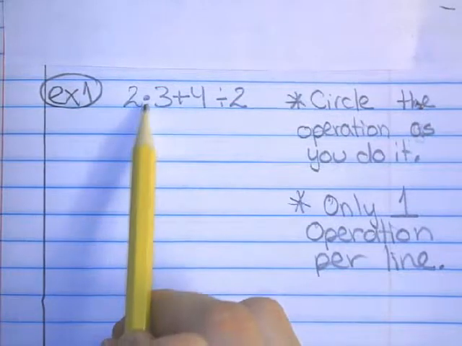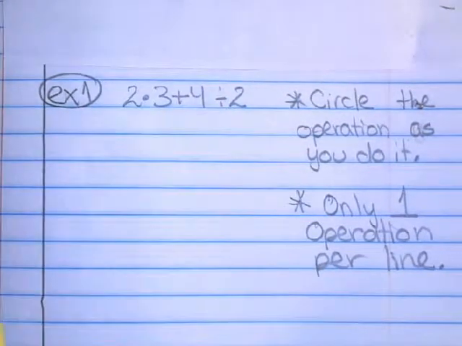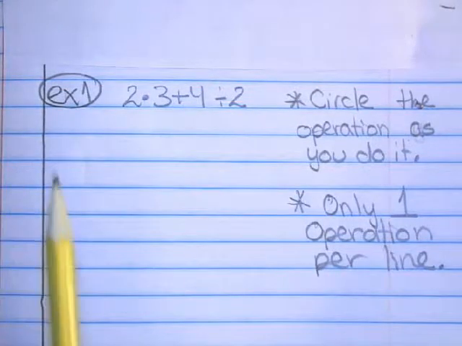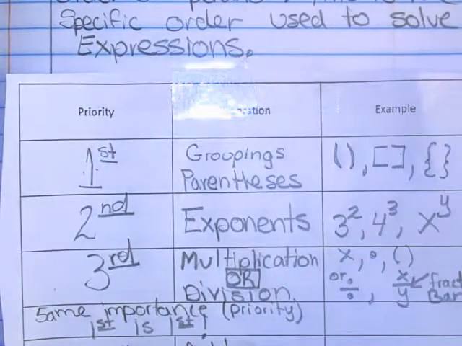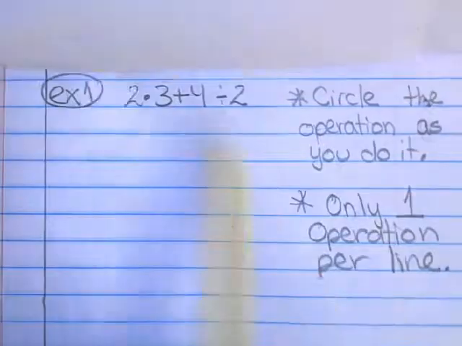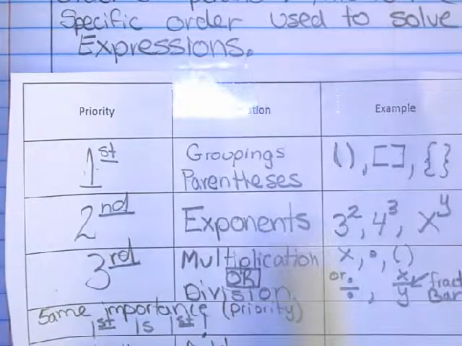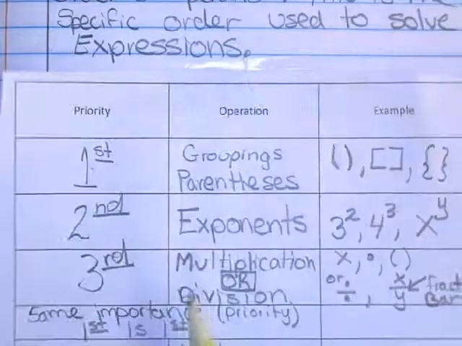So let's take a look at what that means. I have my expression. In my expression I have 1, 2, 3 operations. We have to decide which operation is going to come first. So I'm going to look at my priority list. Well, the first thing is groups. I have no parentheses or grouping symbols, so I go to the next one. It's exponents. I have no exponents, so I go to the next one.